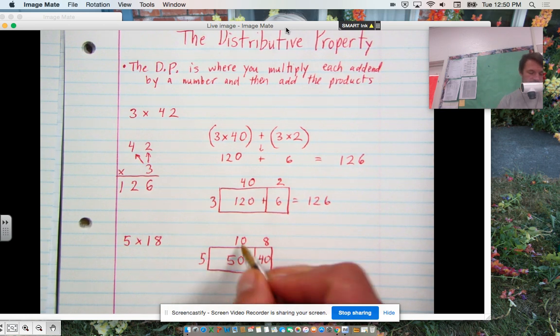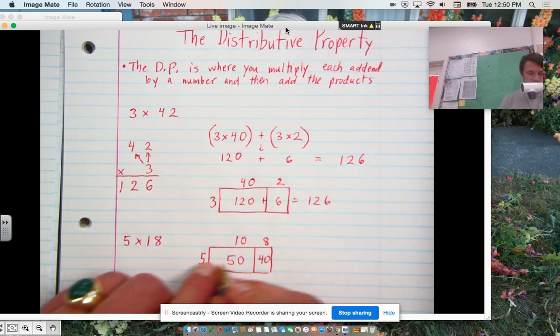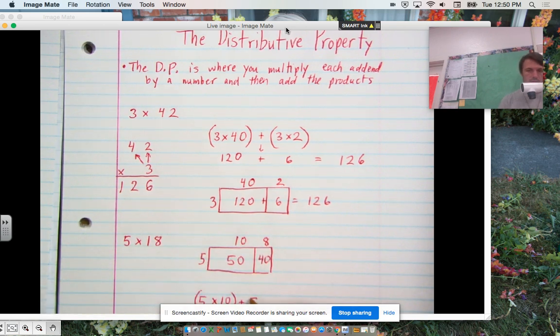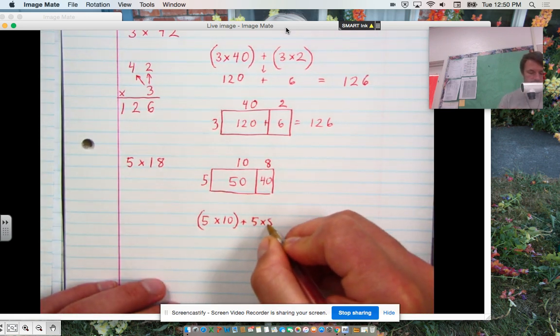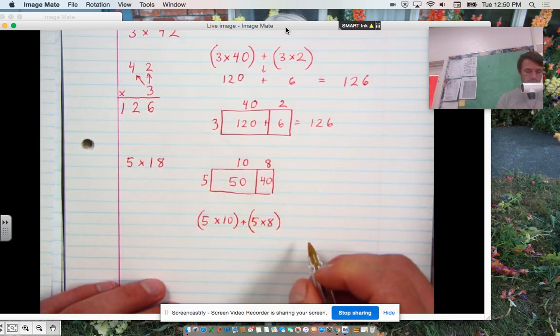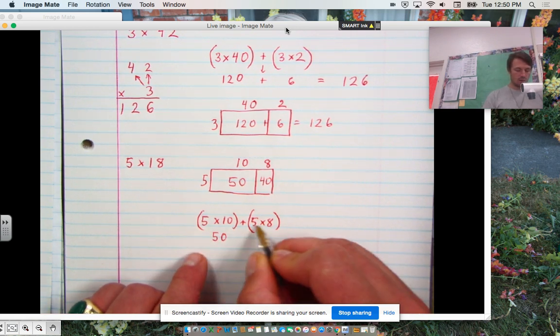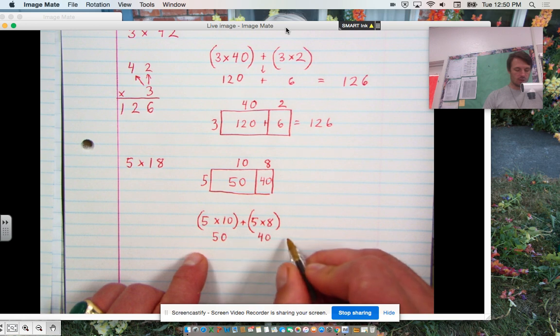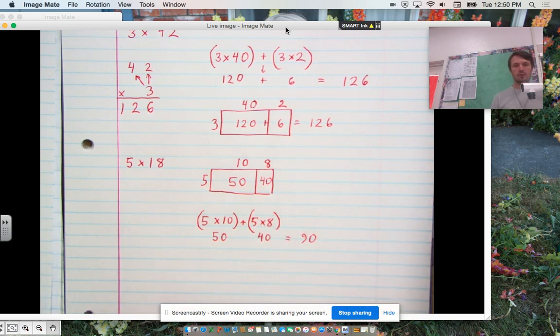We have 5 times 10 in parentheses, plus 5 times 8 in parentheses. Now 5 times 10 is 50, and 5 times 8 is 40, and 50 plus 40 is 90. That's another example of the distributive property.